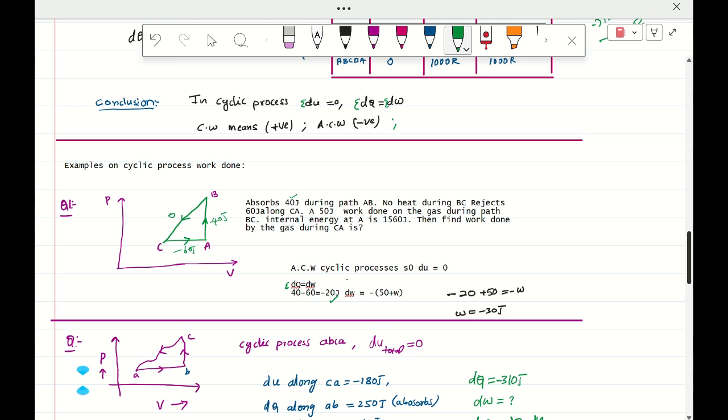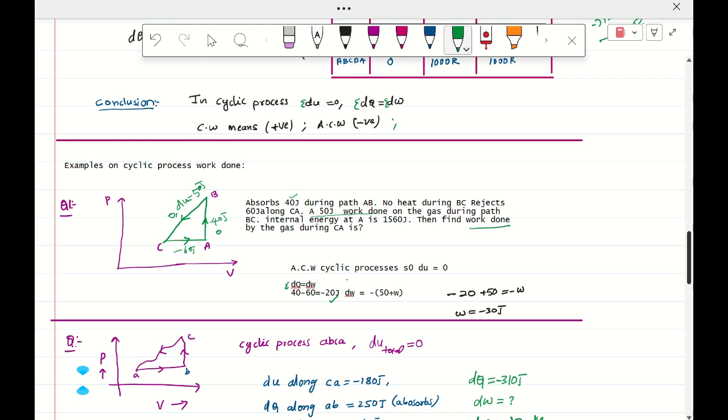So now, negative heat energy. Now you have to find out the work done. The internal energy change in a cyclic process is 0. So now we want the work done in the gas along CA only. At AB, 50 joules of work is given, done on the gas during the path BC. Here they have given dU is equal to 50 joules.